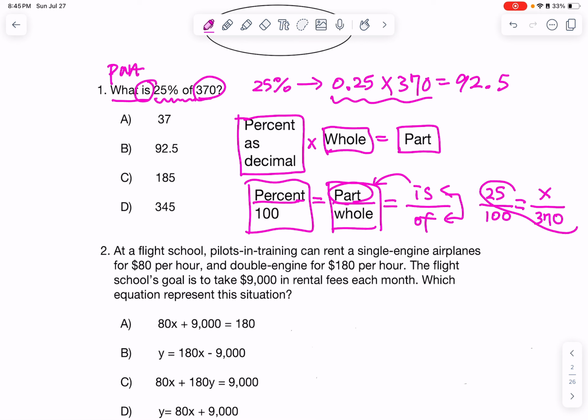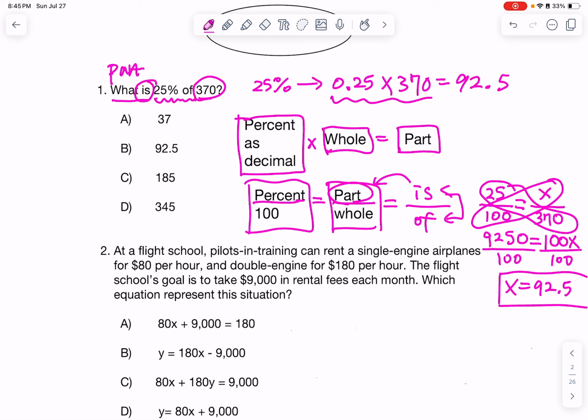If you cross multiply, 25 times 370 gives you 9,250, equal to 100 times x, which is 100x, and divide by 100 on both sides. Then you will get 92.5 as the solution. So the answer for number one will be B.